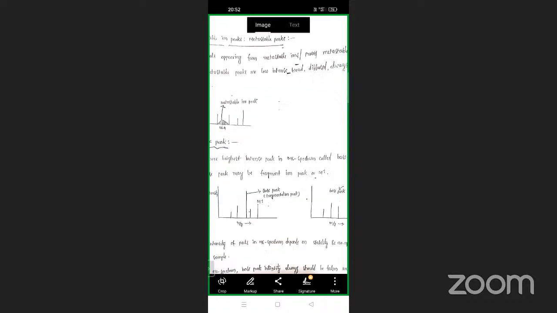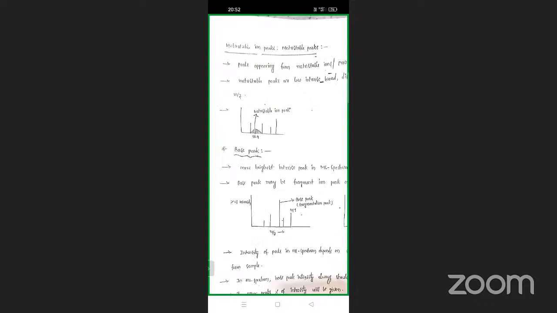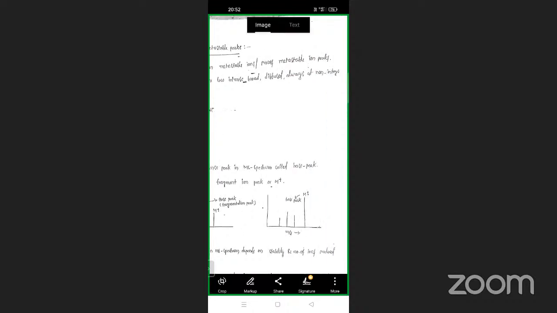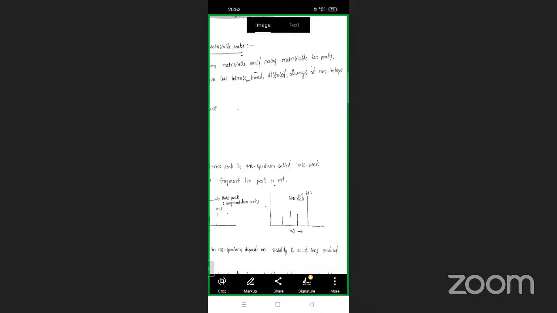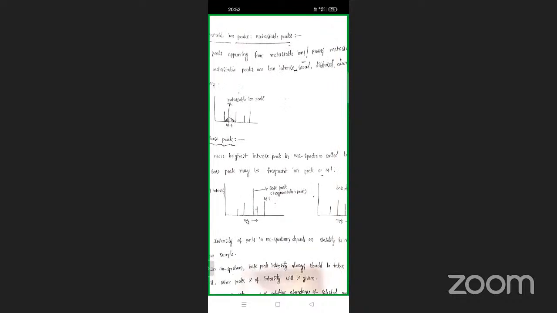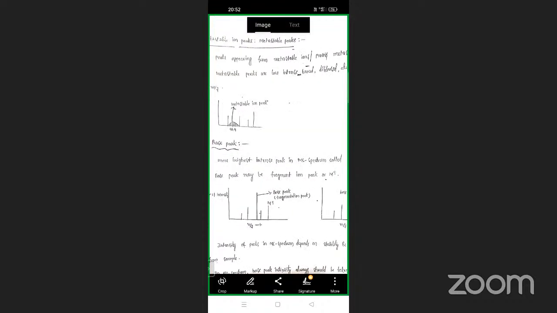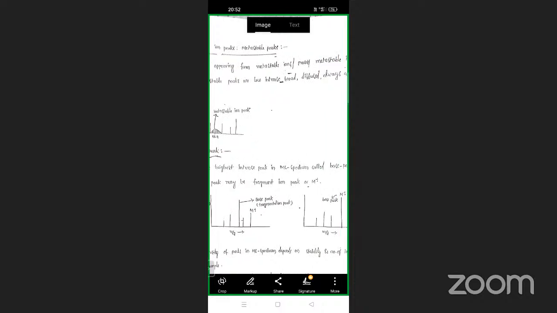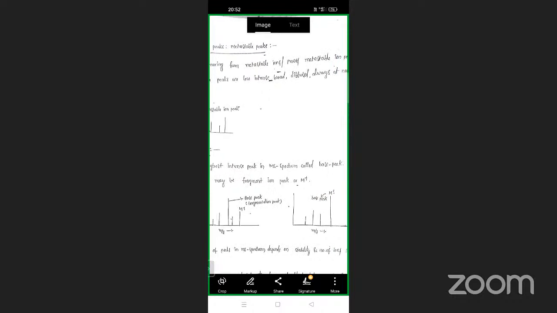And the metastable ion peak here. Generally the metastable peaks are very low intensity peaks. The appearance of a metastable peak is a broad peak in the mass spectrum.